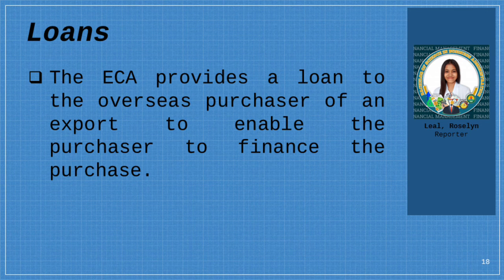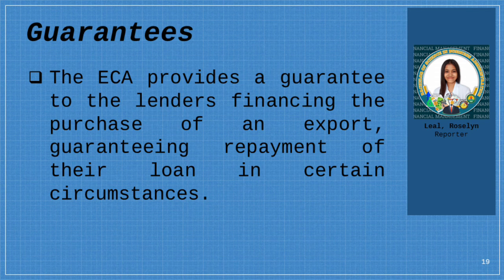Loans. The ECA provides a loan to the overseas purchaser of an export to enable the purchaser to finance the purchase. Guarantees. The ECA provides a guarantee to the lenders financing the purchase of an export, guaranteeing repayment of their loan in certain circumstances.